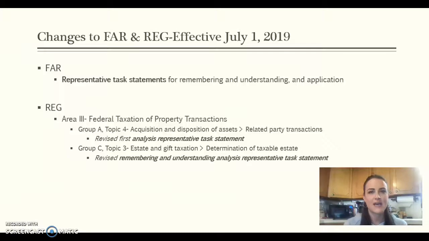It's a deduction that S-corps and partnerships can now take. And they're also having you compare the tax benefits of different expensing options for tax depreciation. So if you're not very familiar with any of these, I would definitely research a little bit more on these topics.